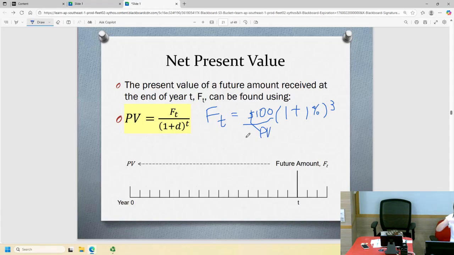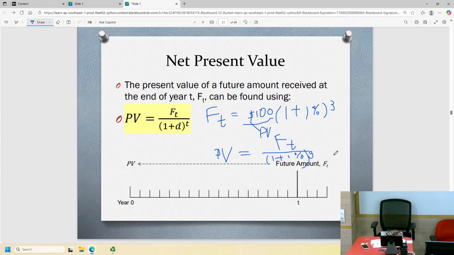And if you rearrange the equation, it means that the present value will equal the future amount of money that you will get divided by this. And in this equation, the 1% is the interest rate.